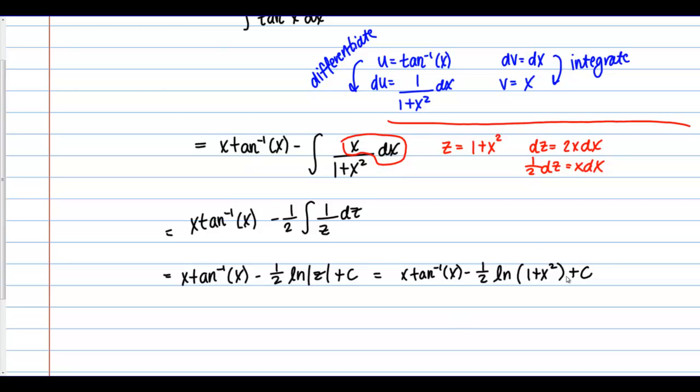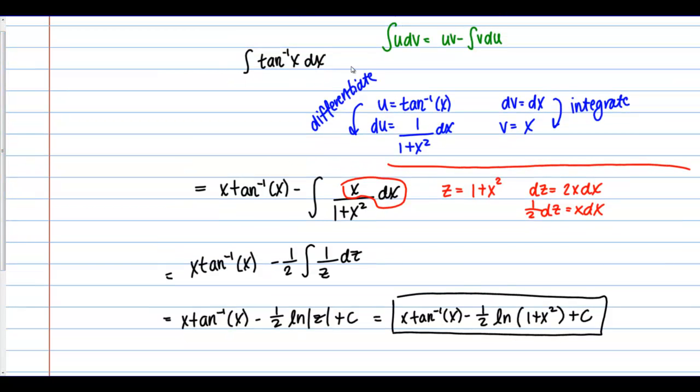Notice that I dropped my absolute value symbols. I can do that in this particular case because 1 plus x squared is always positive. All right, so this is my final answer. And this expression here is actually the antiderivative of the inverse tangent of x.